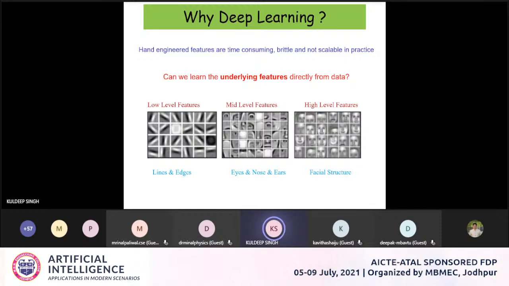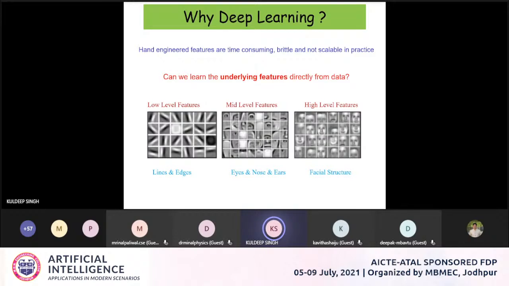Okay, so basically, as I was telling you, there is hierarchical processing of the information. The way our human brain perceives different scenes, we also have different layers of information processing in our brain. Similarly, in deep learning, the different layers of neural networks or deep neural networks learn the meaningful information from the data. The starting layers will learn the low-level features.